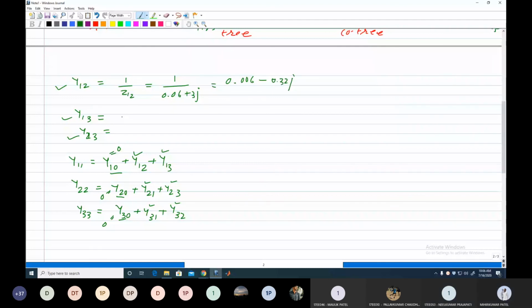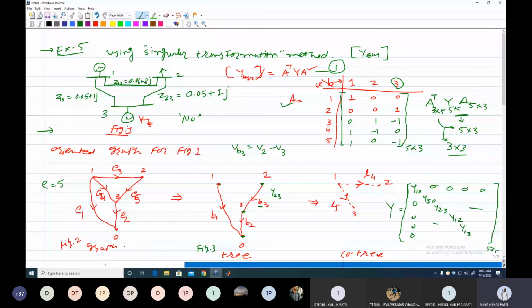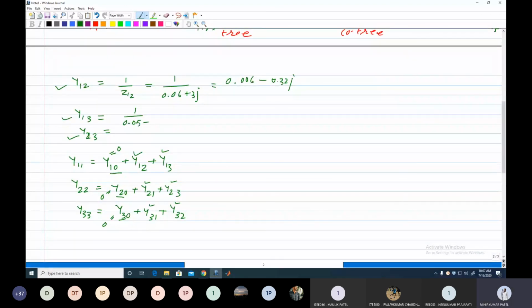Then y13 is, yes, the value of 13. One divided by 0.05 plus 1j, which is the same as for 2,3. It is 0.05 minus j0.99, that is, about 1j.